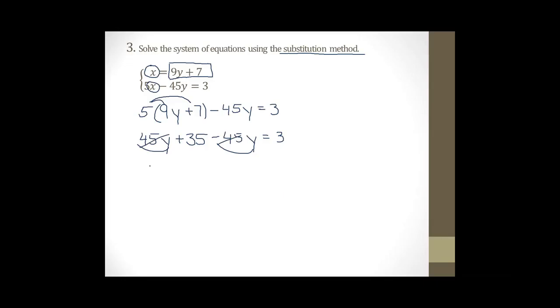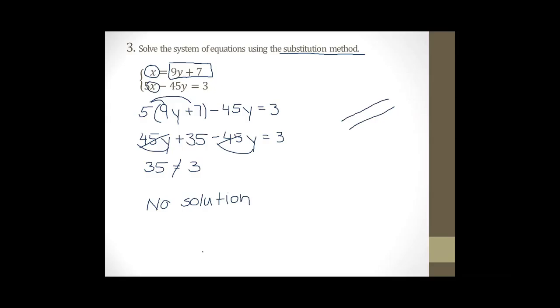So I'm left with 35 equals 3. This is not true, so it's not equal to 3. And that means that this system would represent two parallel lines. So the actual solution would be no solution, because there's no point that those two equations ever cross. So no solution.